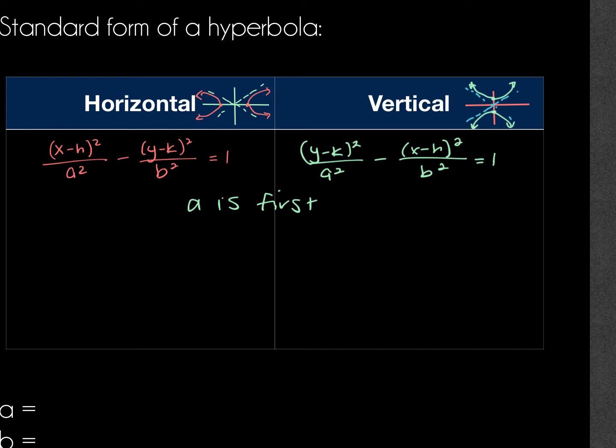So with an ellipse, a is larger. With a hyperbola, a is first.